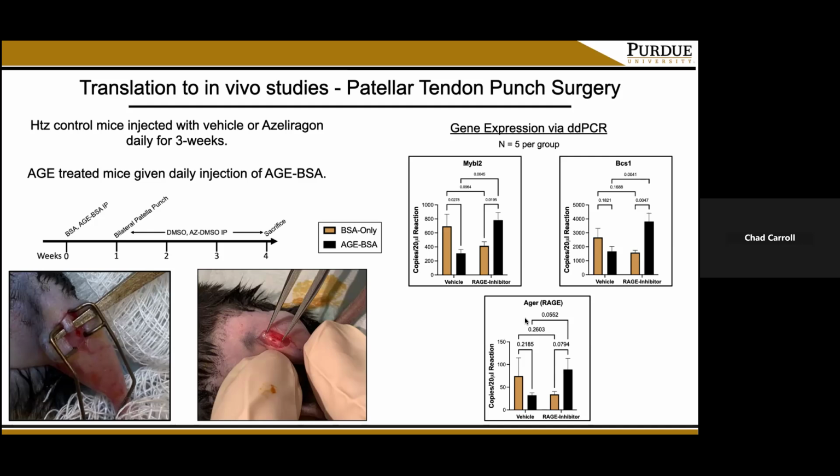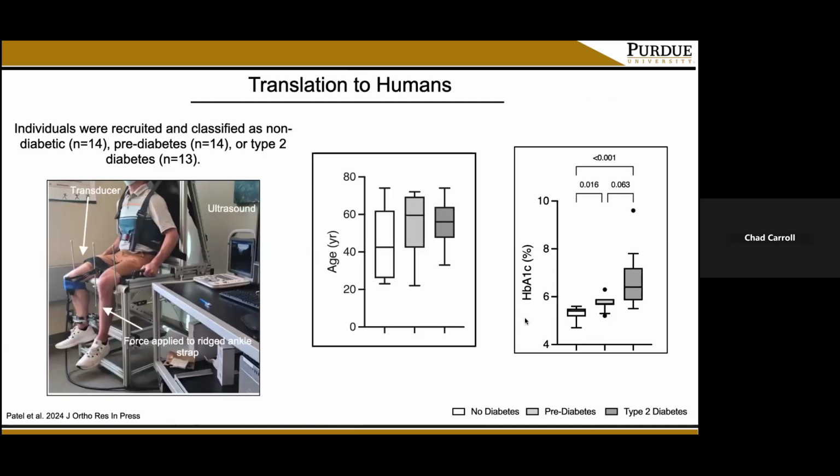And we see similar effects with this mitochondrial related complex 3 gene, similar suppression and renewal with the RAGE inhibitor. And we also see an impact on the RAGE receptor as well. Again, very preliminary data, small n size, but so far it's largely showing what we saw in cell culture and translating it to a mouse model.